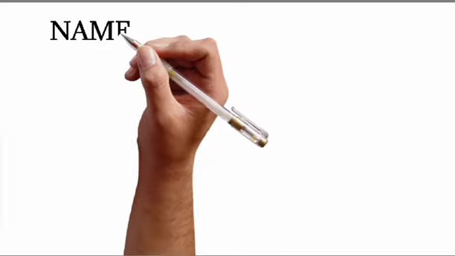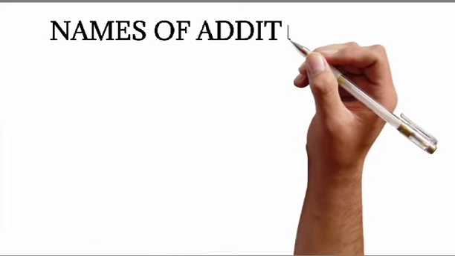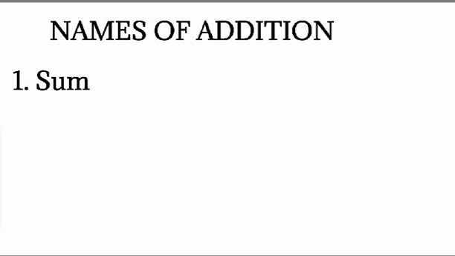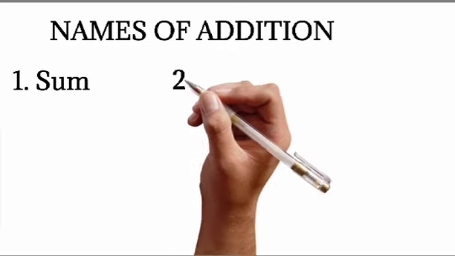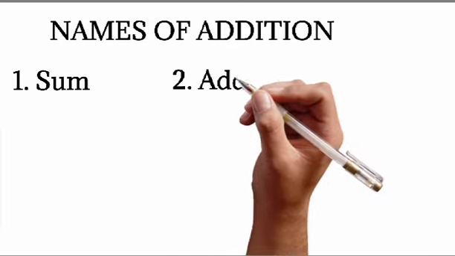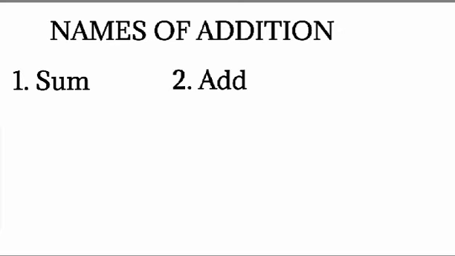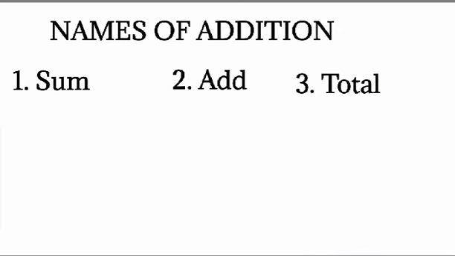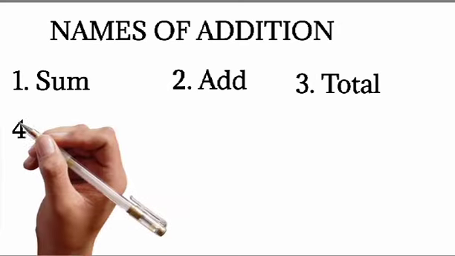Names of addition. What are the things or the words you're going to see in a sentence that will let you know that this is addition? Number 1 is sum. Number 2, add. Number 3, total. Number 4, plus.